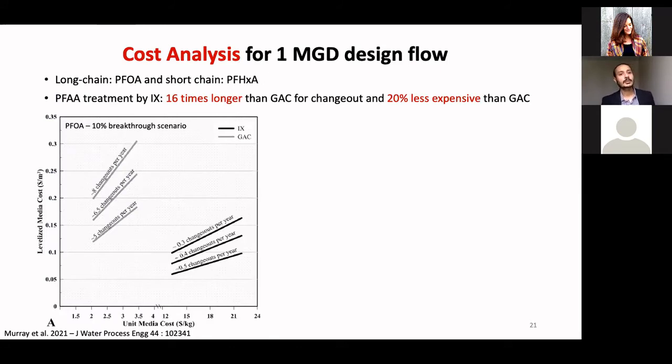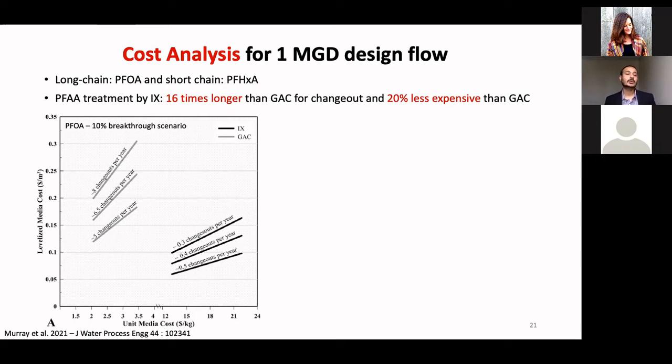This study performed an interesting cost analysis to compare the performance and the cost associated with GAC treatment and ion exchange treatment of PFAS. For this analysis, they used PFOA and PFHxA as model compounds for long chain and short chain compounds.